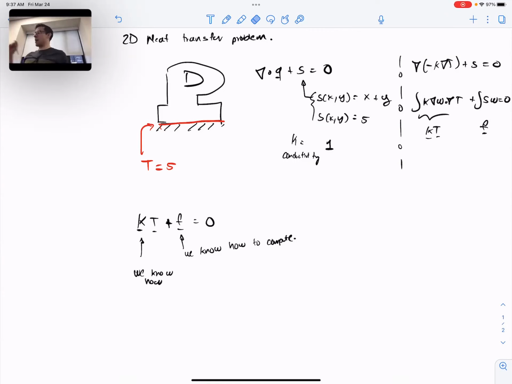All right, so let's do that problem. I just need to remember S equals 5, T equals 5 at the bottom, and the conductivity equals 1. Let me stop sharing here.